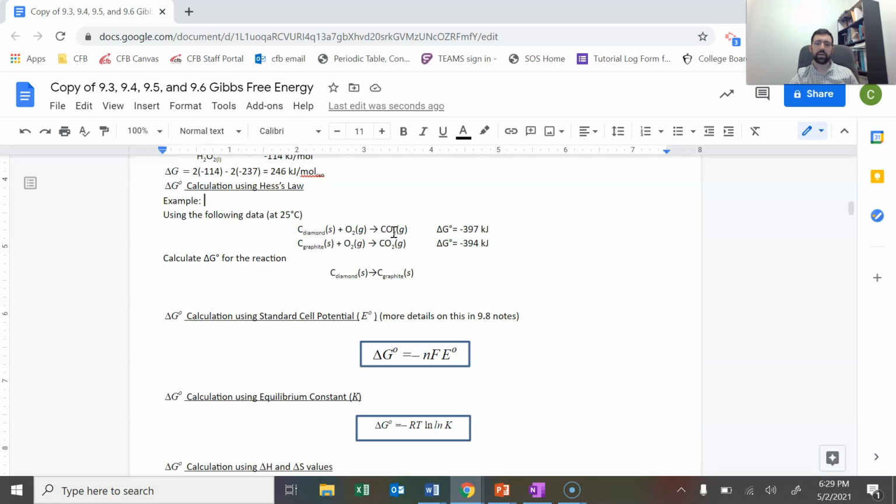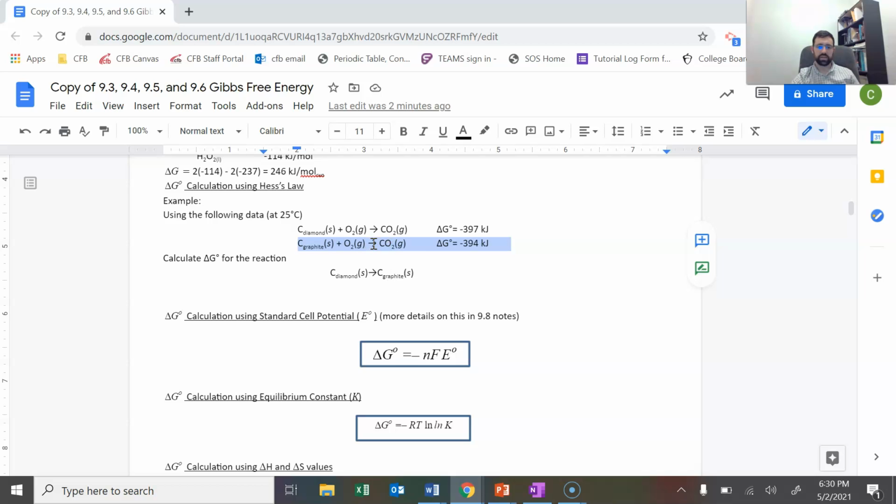So I can combine these reactions in order to make that happen. As I'm looking at this, I recognize that if I flip this reaction around, then I would end up with the product that I'm looking for. So I want just graphite, and the carbon dioxides could kind of cancel each other out, right?